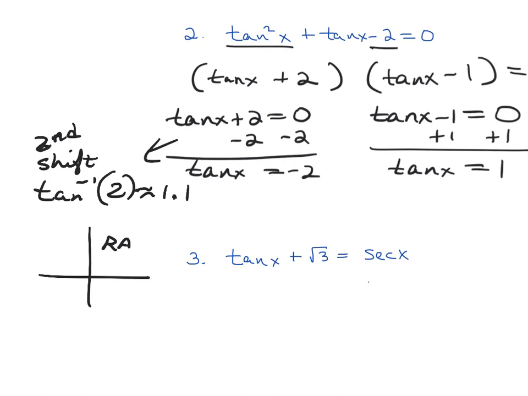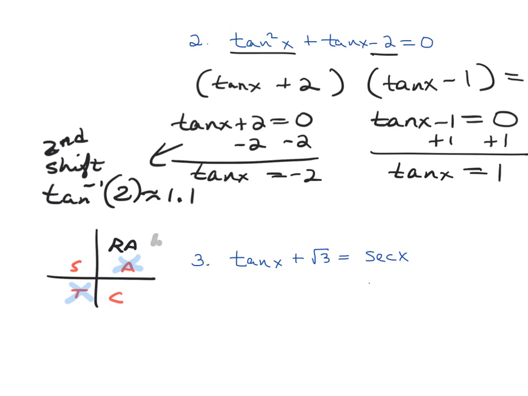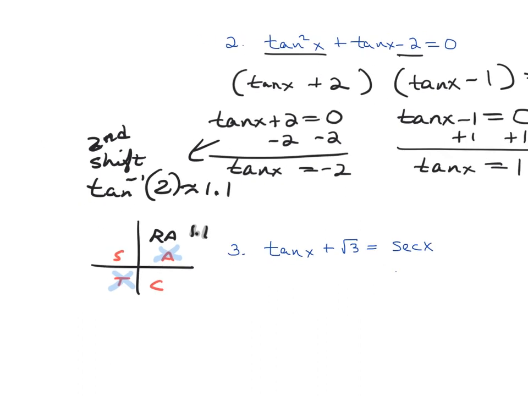Let me go ahead and add in my "all students take calculus." I want to know where tangent is negative, so I can cross off here and here. So I'm going to take this reference angle of 1.1. This is in radians. So now what I'm going to do is pi minus 1.1, and for quadrant 4, 2 pi minus 1.1.